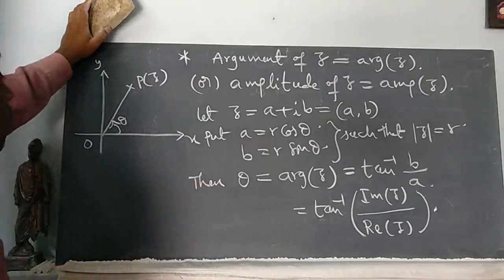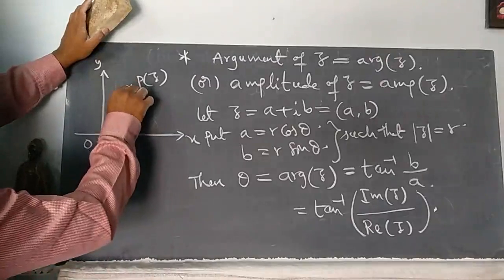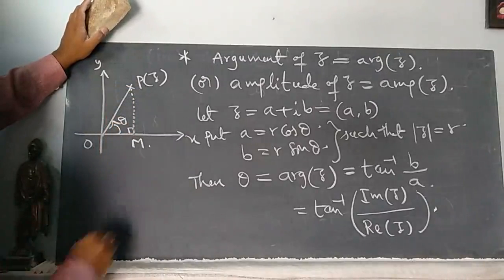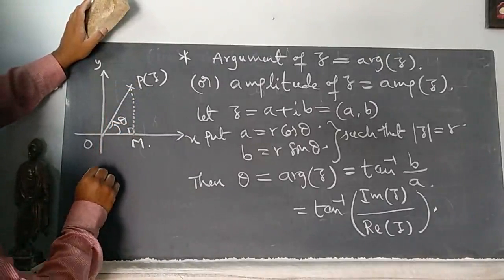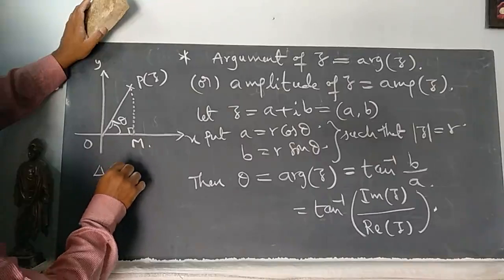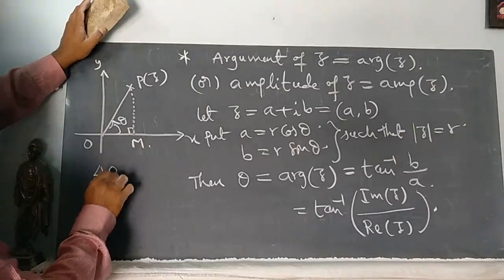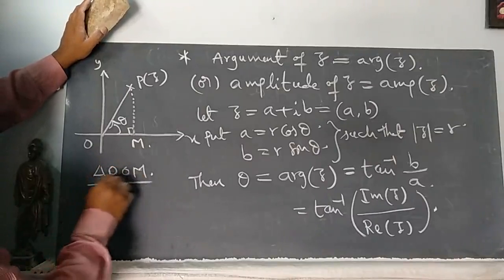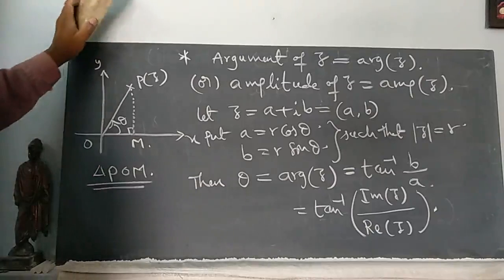Draw a perpendicular line from P on the x-axis, which is PM. So triangle POM is a right angle triangle.